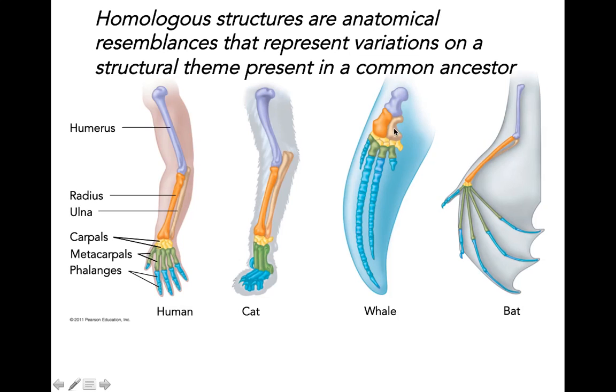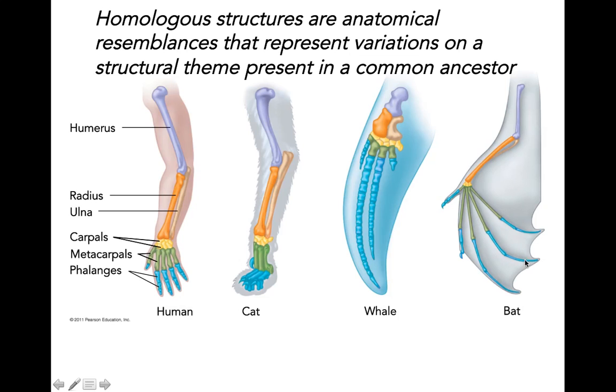The humerus, ulna, and radius are almost like a single unit that enable the whale to flap its fins. Whereas in a bat, you can see it is adapted for flight. The bones are very long and thin to make them lightweight, and the metacarpals and phalanges are very, very long and exaggerated to enable them to articulate their wings.